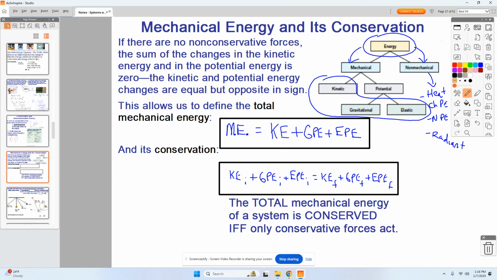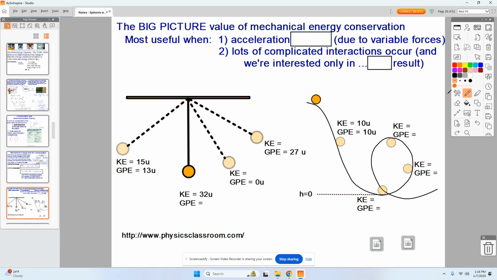If I start with 28 units of energy, and there's only conservative forces acting, I end with 28 units of energy. They can be deposited into different forms, but the sum total should be the same. That allows us to do all sorts of very complicated kinds of things very simply. So I want to show you a few examples of that. These are where I start to do some of the classic demonstrations.